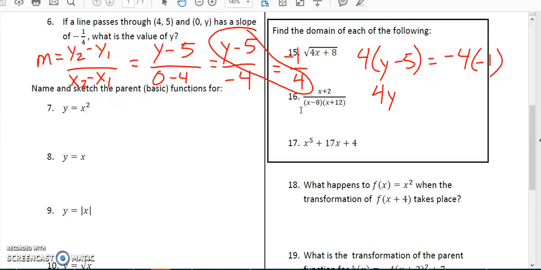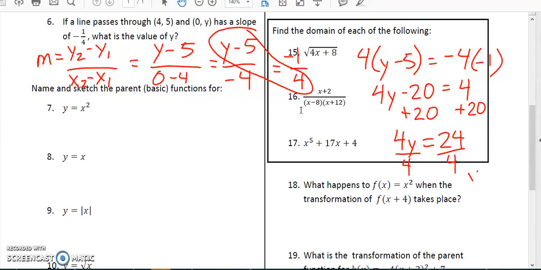So this would make 4y minus 20 equals 4. Add 20. 4y equals 24. Divide by 4, y equals 6. Take good notes on that one. There's one like that on the test. All right.